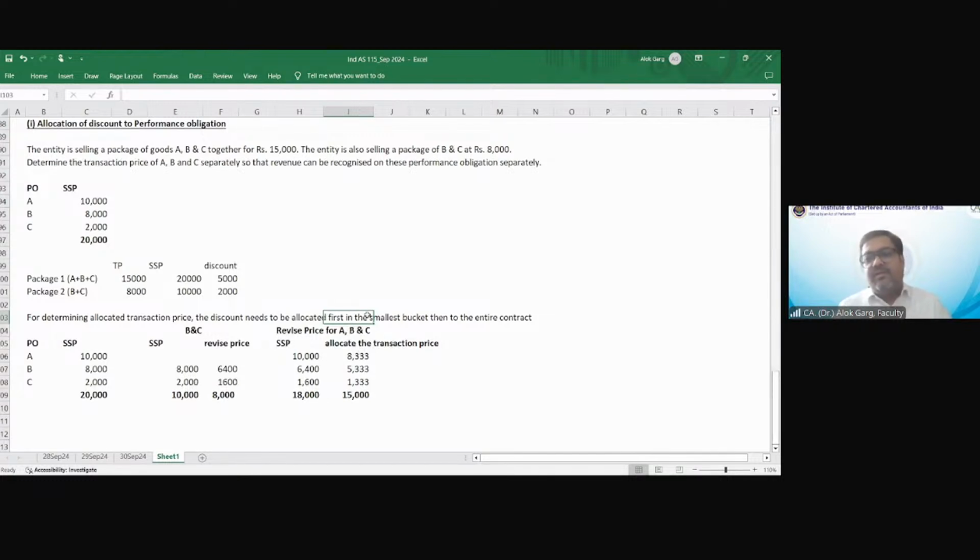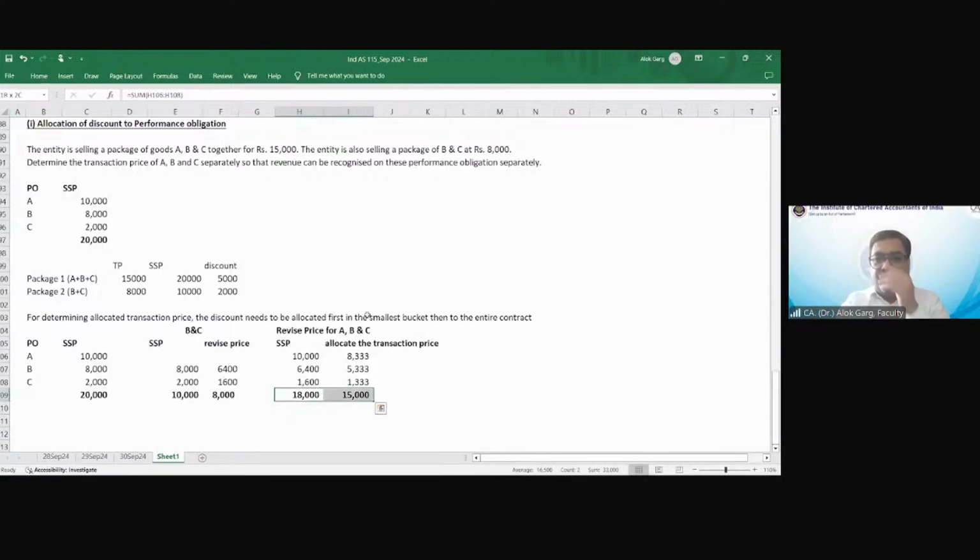Then the final transaction price needs to be allocated to the revised standalone selling price of the performance obligation, right? Is that clear?